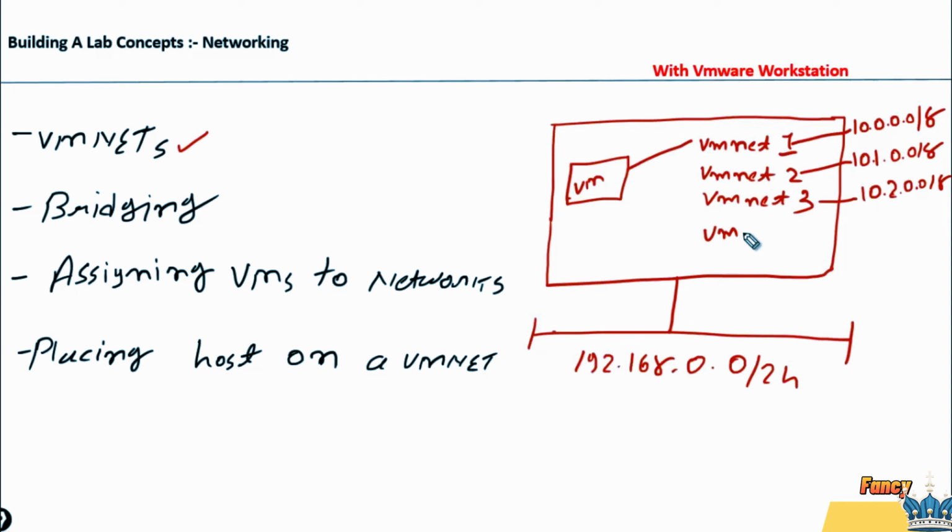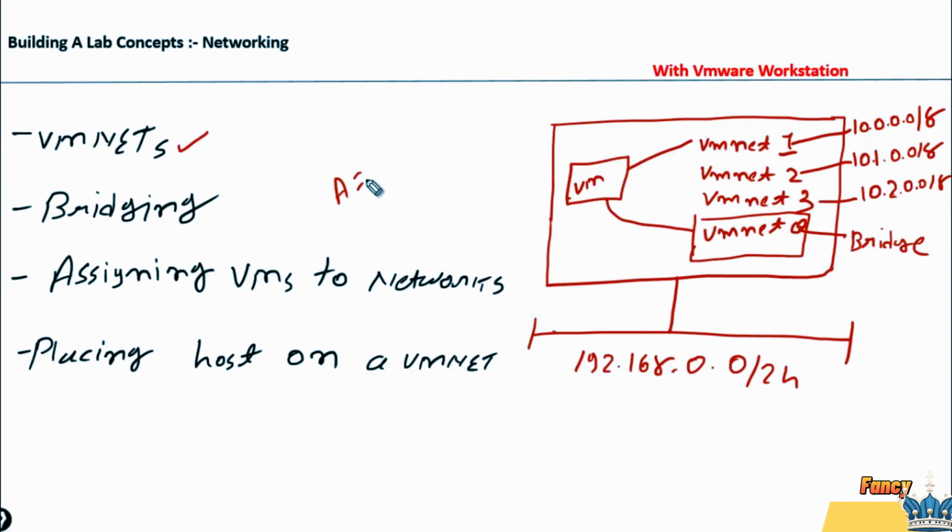And it also has VMnet 0, and it's connected to the physical network, meaning it is connected as a bridge. Means the VM is connected with VMnet 0 and VMnet 0 is connected with the bridge. So the VM communicates with the physical network using VMnet 0.